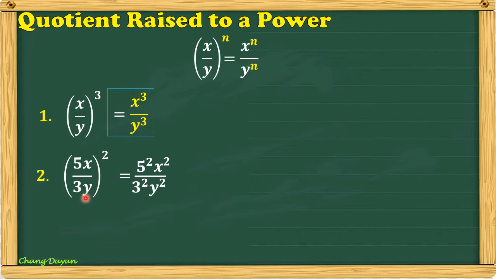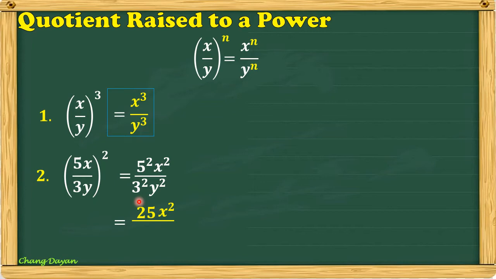Now, let us simplify. 5 square means 5 times 5. At ang 5 multiplied sa 5 ay equal sa 25. Copy x square. Sunod naman, all over 3 square means 3 times 3.